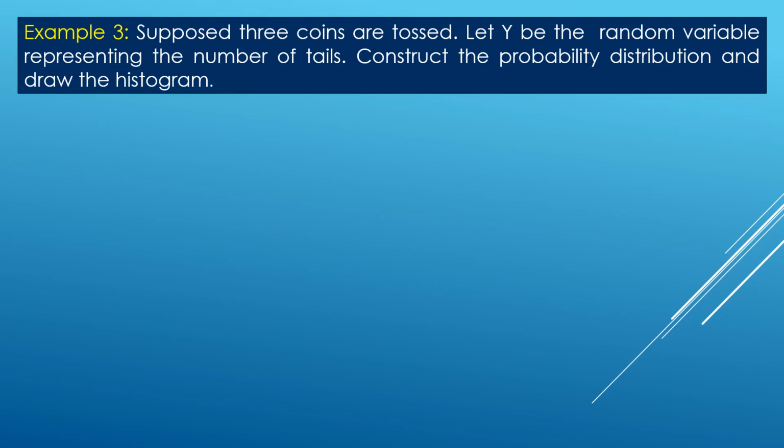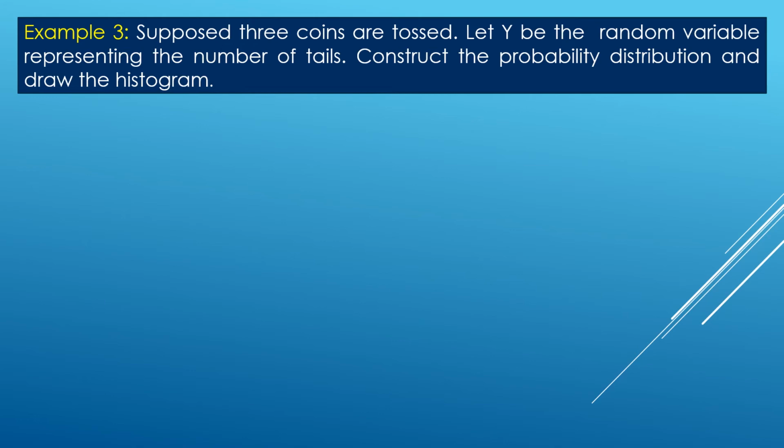Next, we go to number 3. Suppose 3 coins are tossed. Let y be the random variable representing the number of tails. Construct the probability distribution and draw the histogram. So we're going to construct the probability distribution, and we will draw the histogram of that distribution.